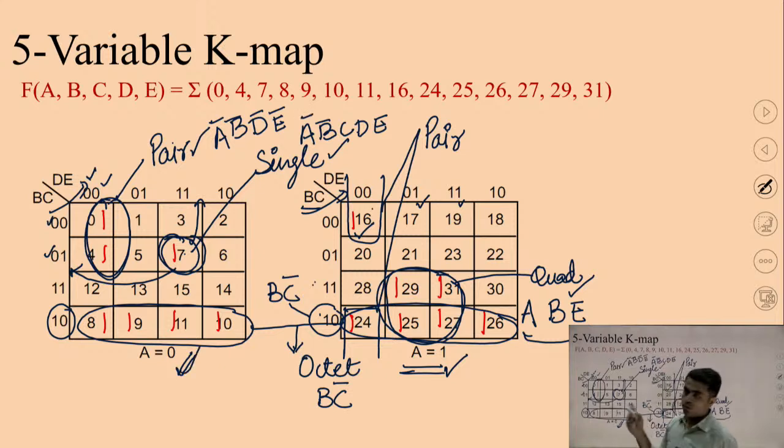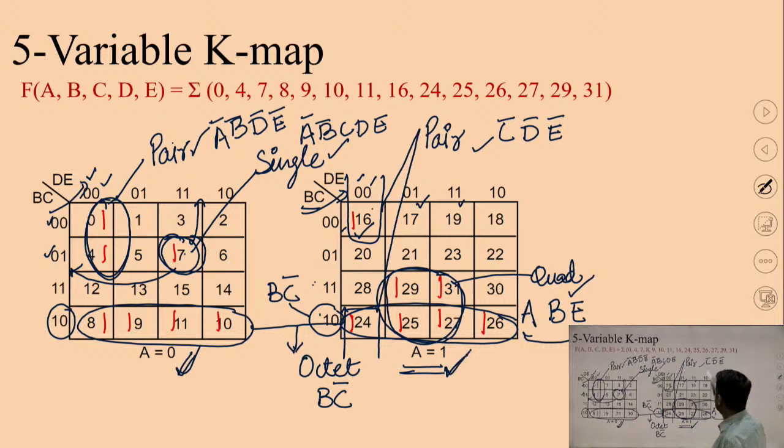Now this last one, pair 16 and 24. So this corresponds to 0 0, that means C bar, and 0 0, that means D bar, E bar, and this group is only available in the second K map, which corresponds to A is equal to 1. That means there will be A as well with this.